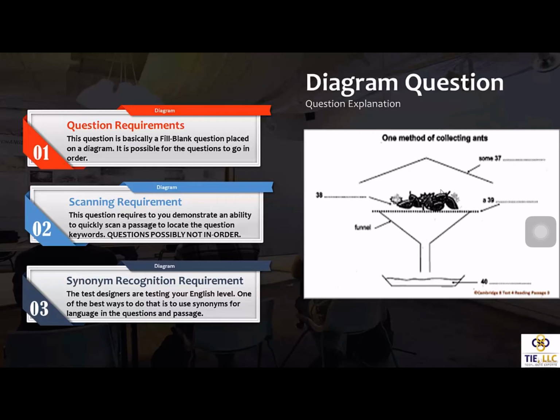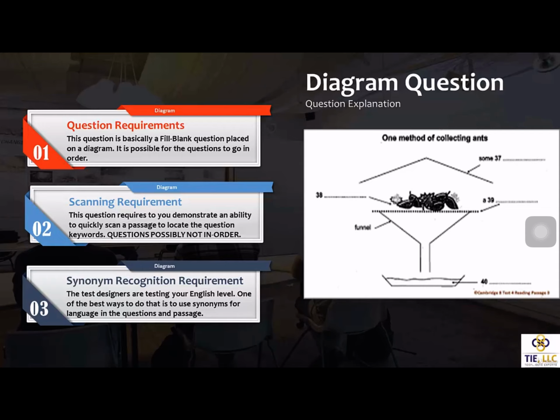You have to be able to look at that picture, you have to be able to look at what they're talking about for number 37 and looking at it and saying, well, what is the shape of that? And then recognizing the shape of that, right? The roof, the angled roof, looking at this and being able to see that language in a paragraph and know that's what they're talking about, right?